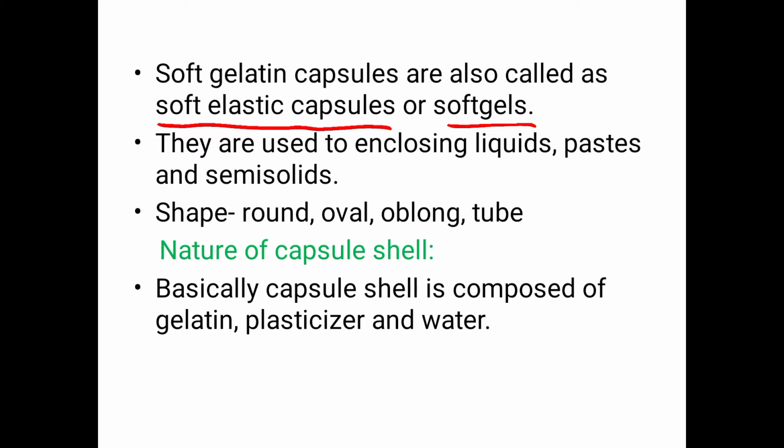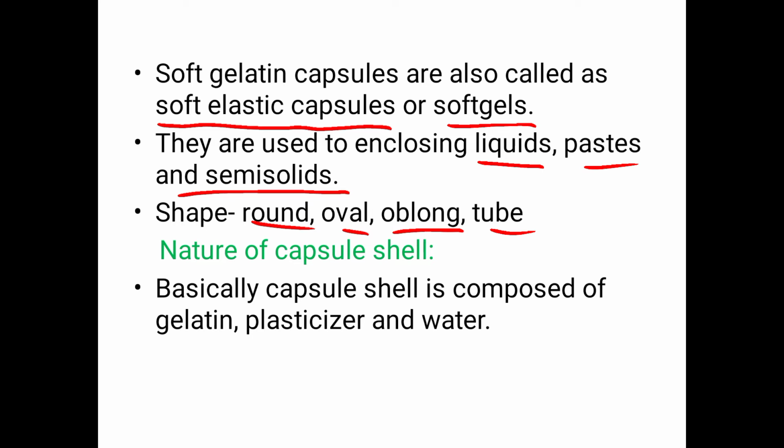They are used to enclose liquids, pastes and semi-solids, whereas hard gelatin capsules are used to enclose solid medicaments. The shape of the soft gelatin capsules can be round, oval, oblong, or tubular.